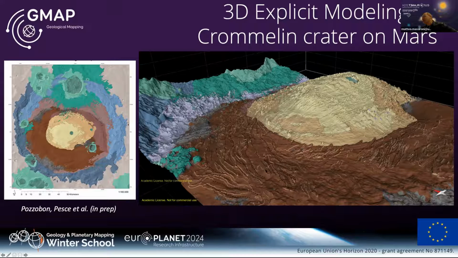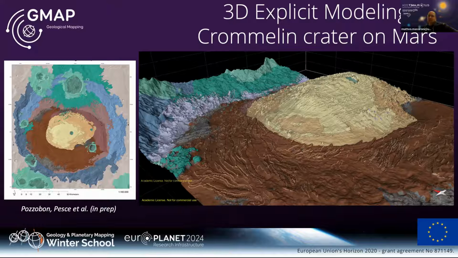And these black lines here are showing axial planes, so the line of maximum curvature of folds. We have discovered in this way that around this crater we have several folds, and we were able to understand the measurements of the stratification in terms of strike, dip, and dip angle.